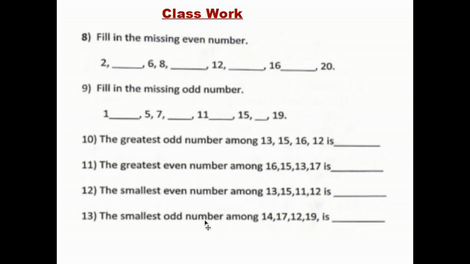So based on the instructions, you complete the blank spaces. You have 5 minutes for this one. After that, we'll continue and you'll see the answers. You can pause the video and start doing it. Thank you.